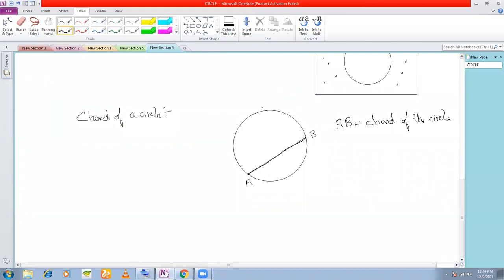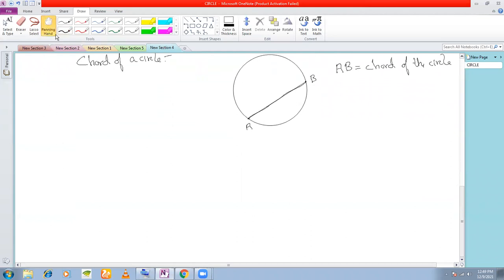Next we come to the definition of secant of a circle. What do you mean by secant of a circle?